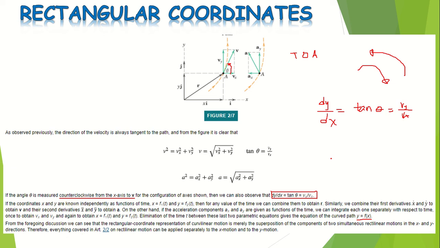So from the foregoing discussion, we can see that the rectangular coordinate representation of curvilinear motion is merely the superposition of the components of two simultaneous rectilinear motions in the x and y directions. Therefore, everything covered in Article 2 on rectilinear motion can be applied separately to the x motion and the y motion.